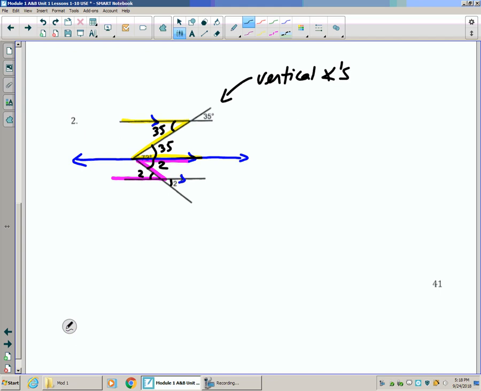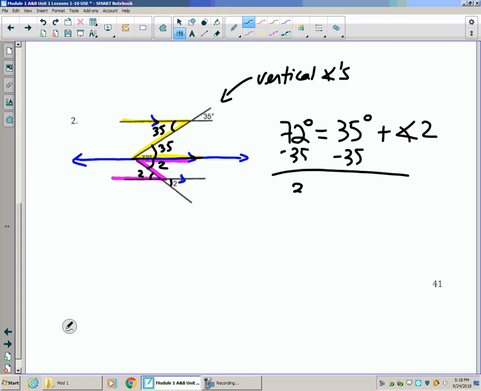That means angle 2, not 2 degrees. So we can say that 72 degrees was in fact made by 35 degrees and angle 2. If I do some algebra right here, I subtract 35, and I'm going to get that 37 is what angle 2 is equal to. And there you go. So let's go to the next page.